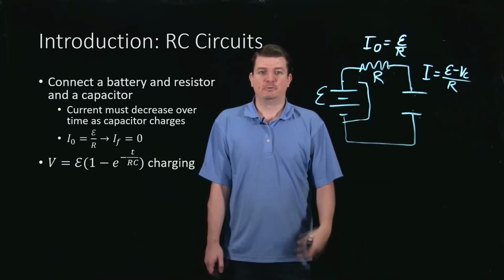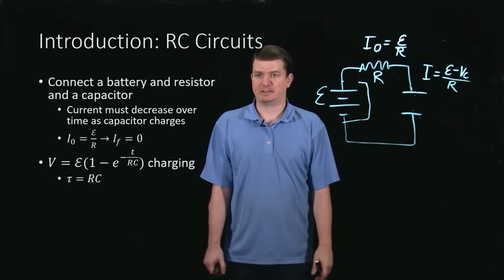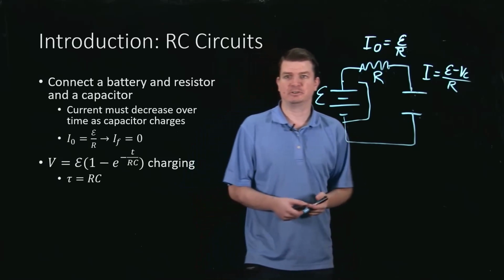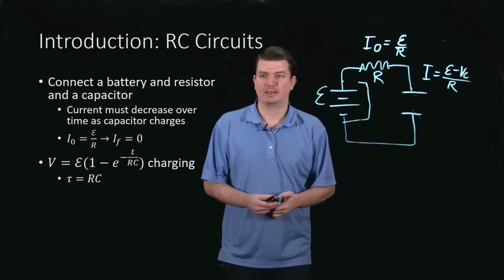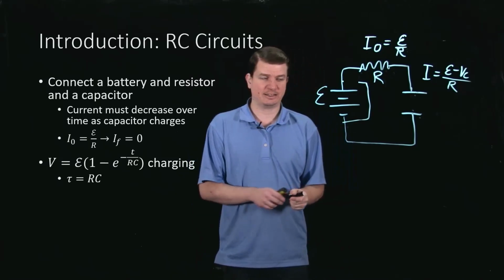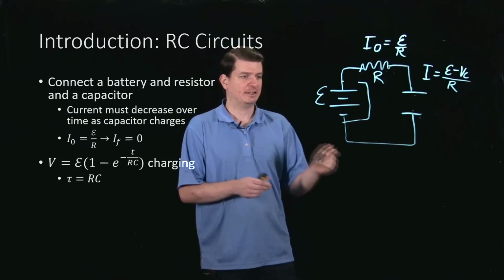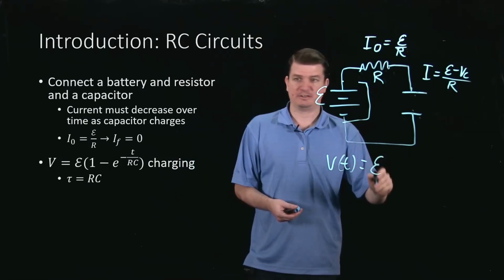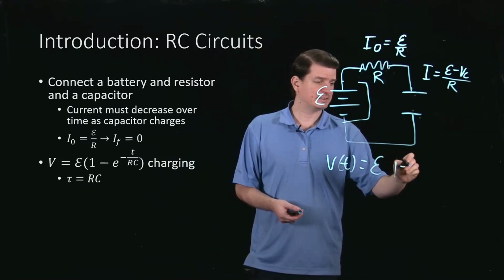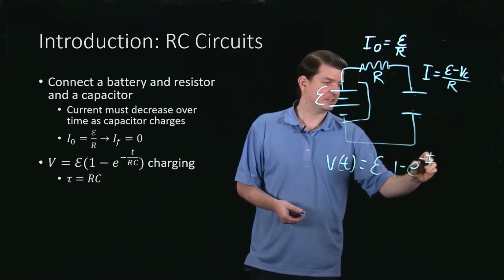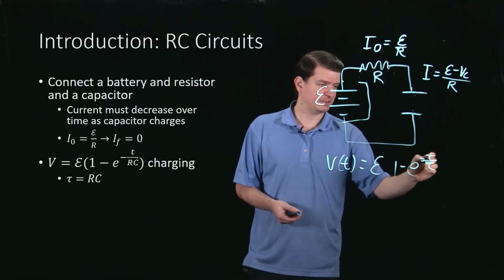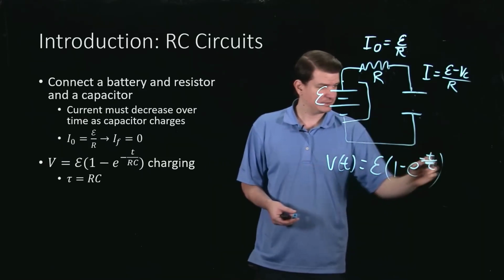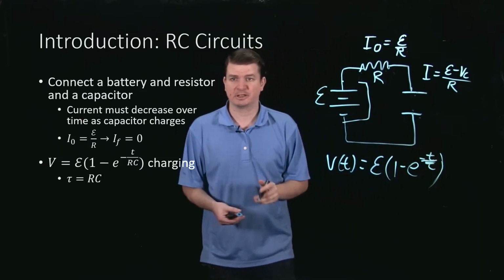We can redefine this constant R times C as a time constant, the so-called RC time constant. All we're doing there is saying that if we write this instead, V as a function of time is the EMF times 1 minus e to the minus t on tau. We'll just replace RC with this quantity tau, and put some brackets in to make our multiplication work.